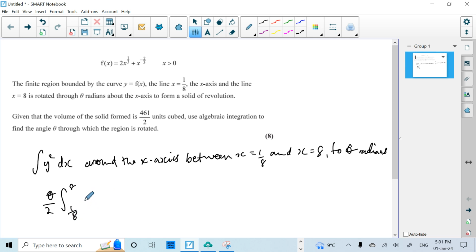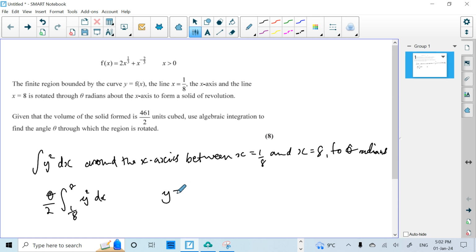And of course we're integrating y squared dx.